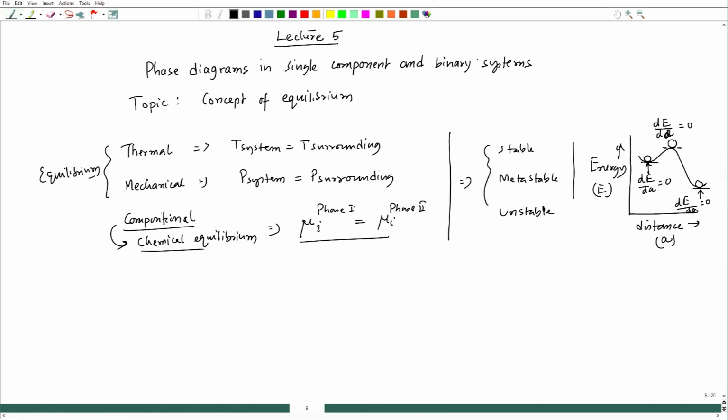Now, let us understand the difference between those positions. If I put a very infinitesimal disturbance here, this ball will have a kind of vibration, but finally it will fall back to this position and stay there. Similar happens here, but here the situation is different.